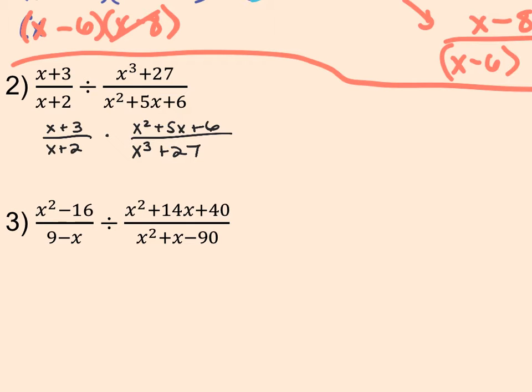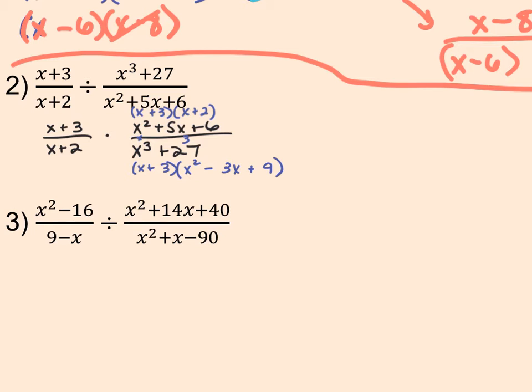Right side, factors of positive 6 that sum to positive 5, x plus 3 and x plus 2. Denominator, sum of perfect cubes. So this would be x plus 3, and then, with the cube root and the cube root, x squared, 3x, and 9. Signs are same for the first one, opposite for the second one, positive for the last one.